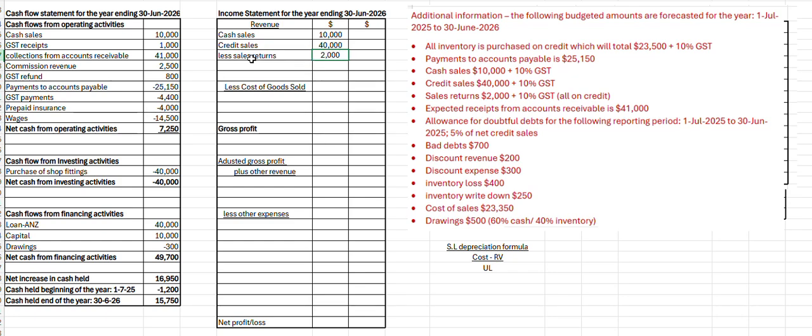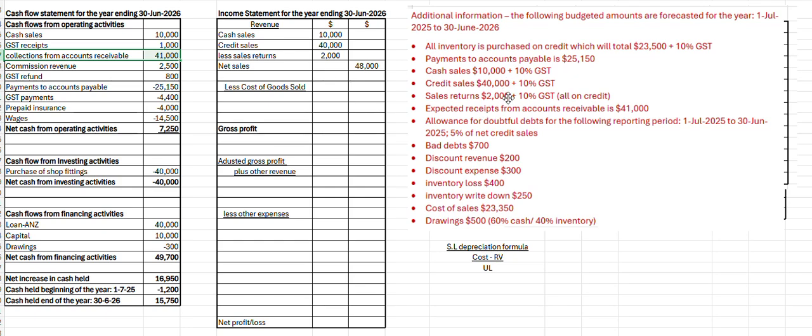Okay. Net sales, if we add those two up and then subtract the 2K, we're going to end up with 48K. All right. Expected receipts from accounts receivable got reported in our cash flow. It doesn't affect our income statement.